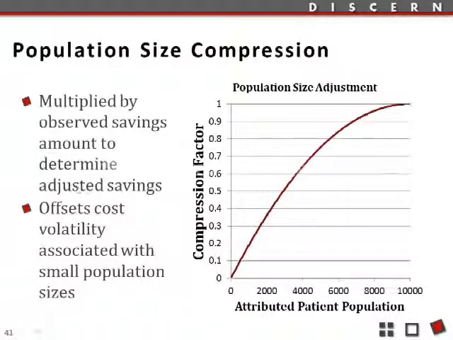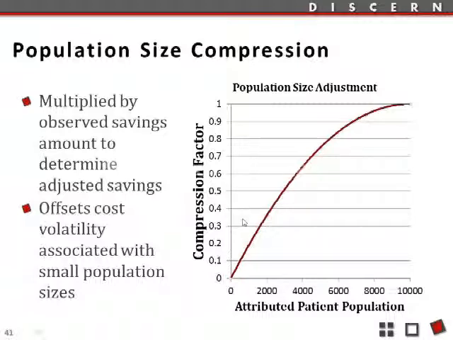The idea is that if you look at this axis, you have an attributed patient population. In this graph, that population ranges from 0 to 10,000. Then for each of these population levels, you have a related compression factor.